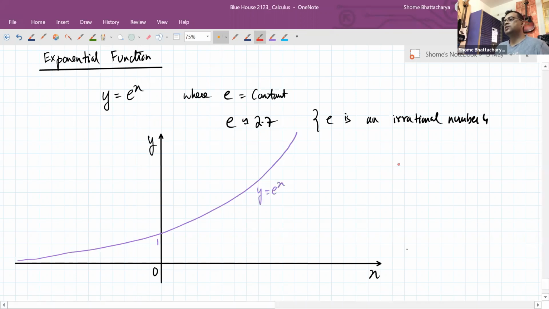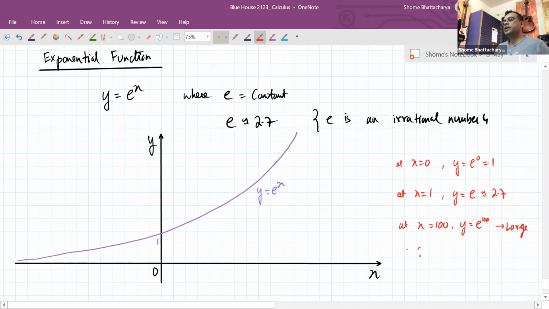So for example, you can see that at x equal to 0, the value of y becomes 1, which I have shown in the graph. Okay. At x equal to 1, for example, the value of y will be e, or approximately 2.7. But at x equal to 100, for example, the value of y will be e raised power 100, which is very large.